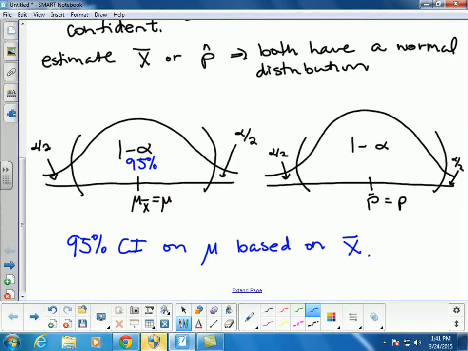Well, alpha over 2, so if 1 minus alpha equals 0.95, then alpha must equal 0.05. Therefore, alpha over 2 equals 0.025.